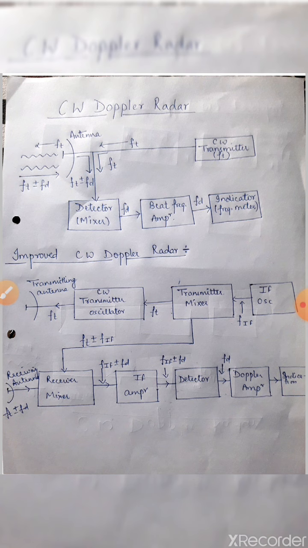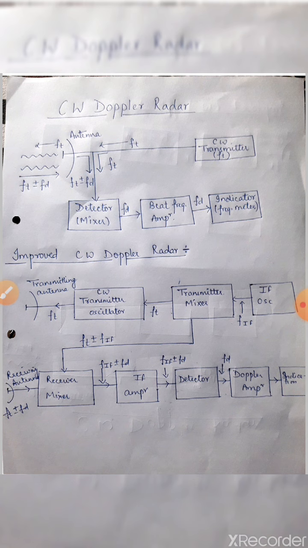The Doppler effect says that there will be an apparent shift in frequency that depends on the relative radial motion of the source and the observer. We have already discussed the different ways of calculating the Doppler shift frequency, that is, the factor of Fd. Hope you all remember that.